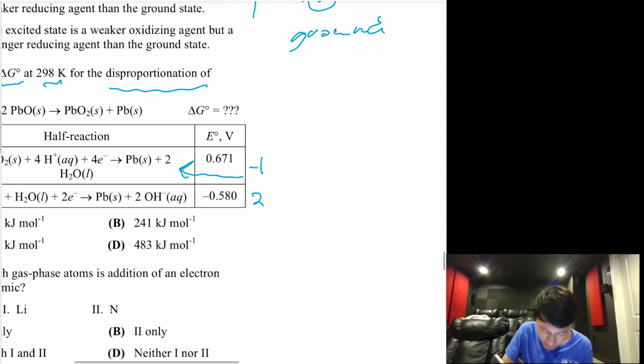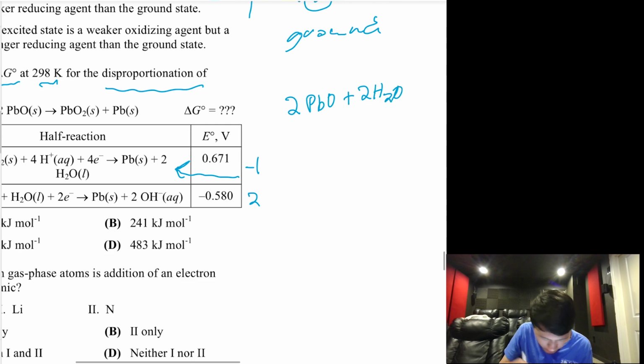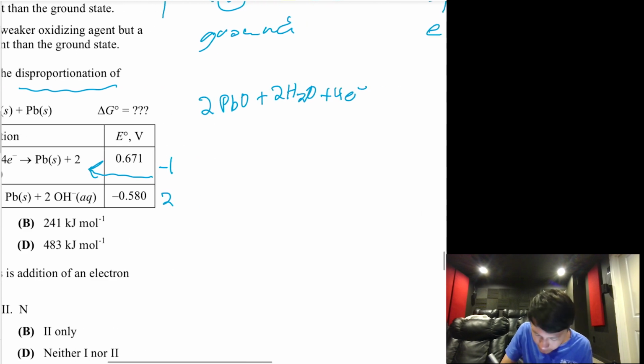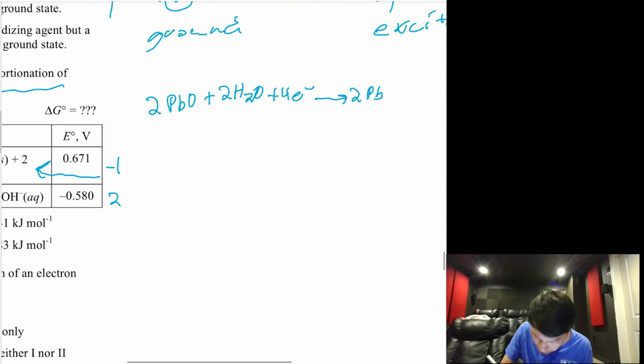So it's going to be 2 times this bottom reaction, so that's going to be 2 PbO plus 2 H2O plus 4 e-, and that's going to yield 2 Pb plus 4 OH-.